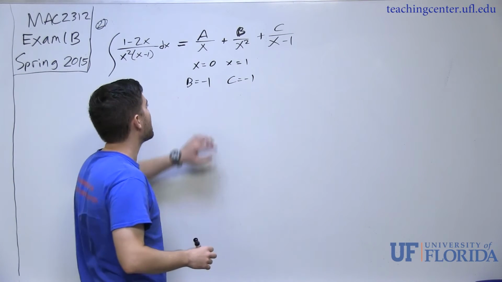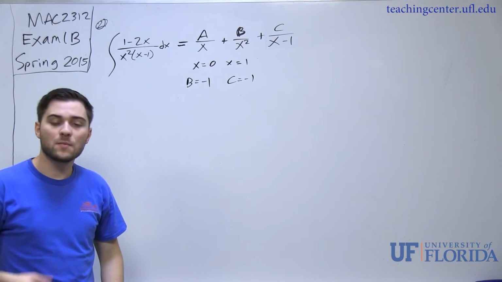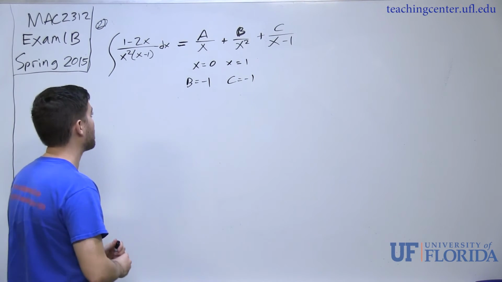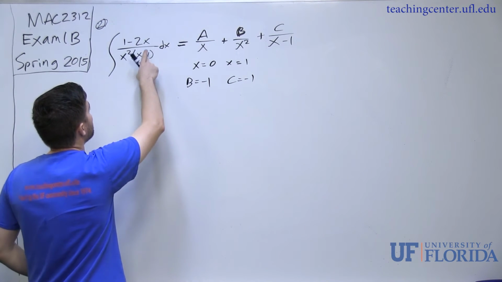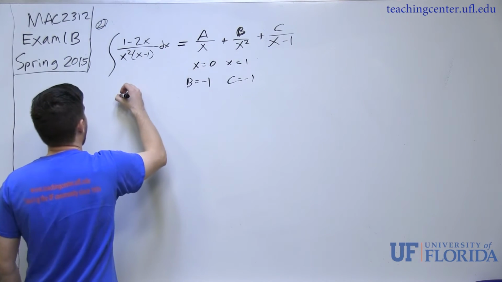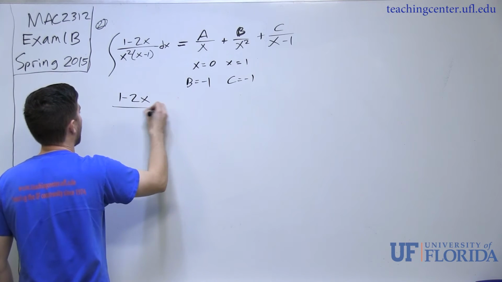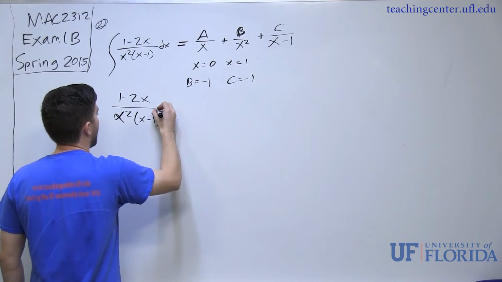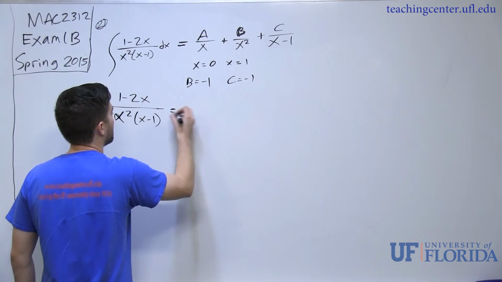So I have b and c, but to solve for a, I'm going to have to actually factor out my terms and multiply through. In this case, I have a, b, c. I have (1 minus 2x) over x squared times (x minus 1), and I can create my little system.